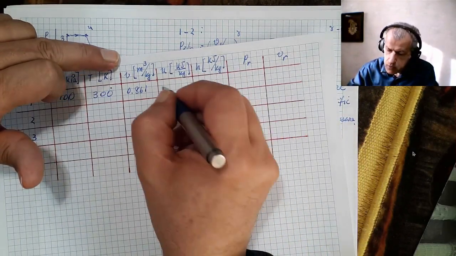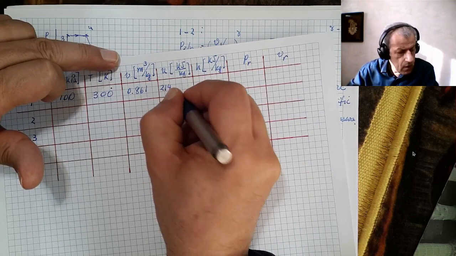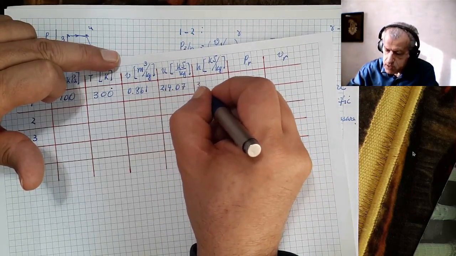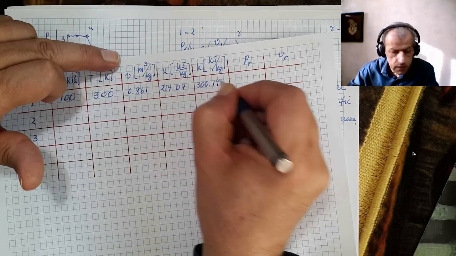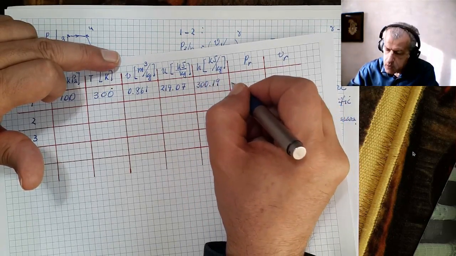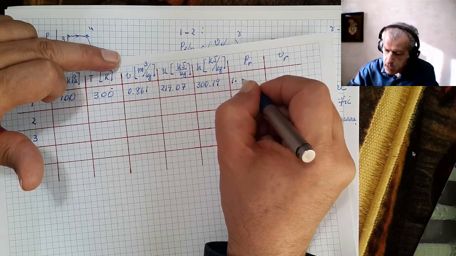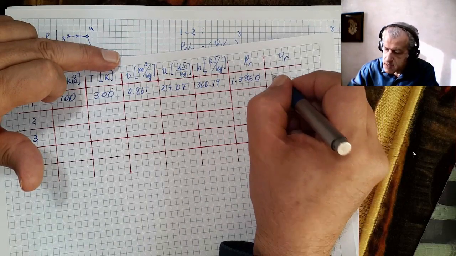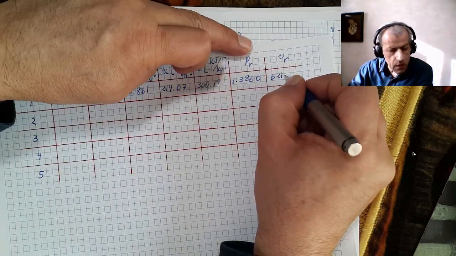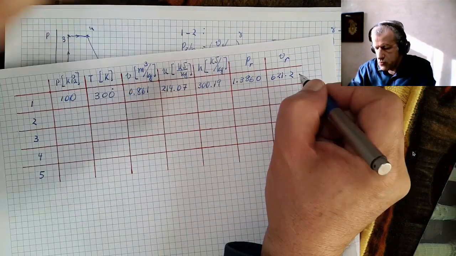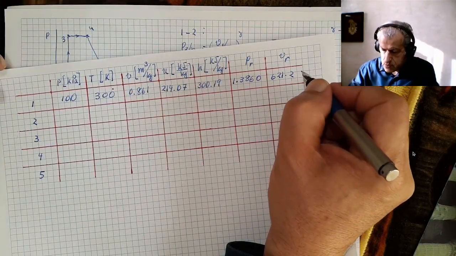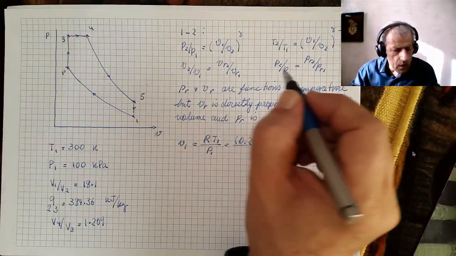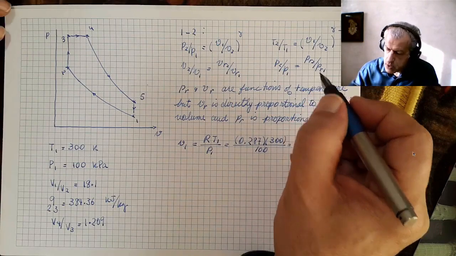U would be 214.07, H is 300.19, PR is 1.3860, and VR is 621.2. That's all there is to point 1. We have now completed point 1, and we could move to point 2.